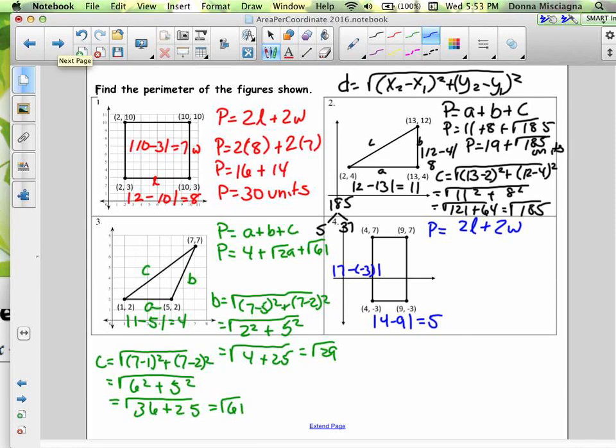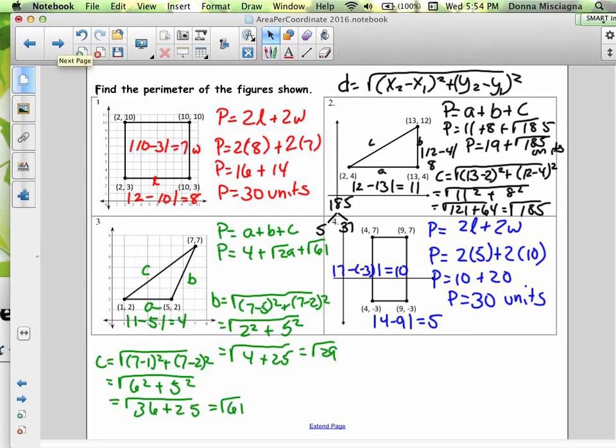And if you say 4, you're wrong. It'd be 10, right? 10 is that length. So our perimeter here is just going to be 2 times 5 plus 2 times 10, which is 10 plus 20, or 30 units. Pretty easy, right? Not too bad. Let's do the same thing, but for area.